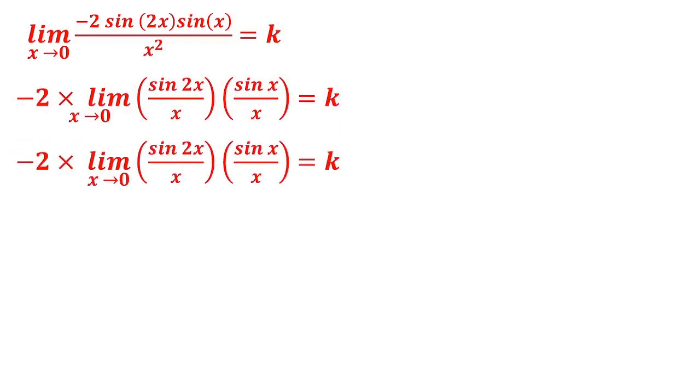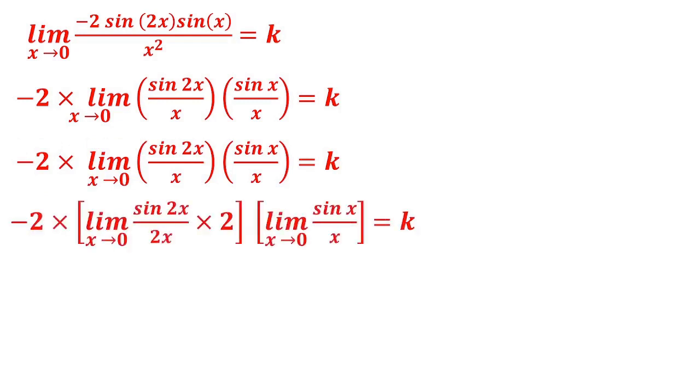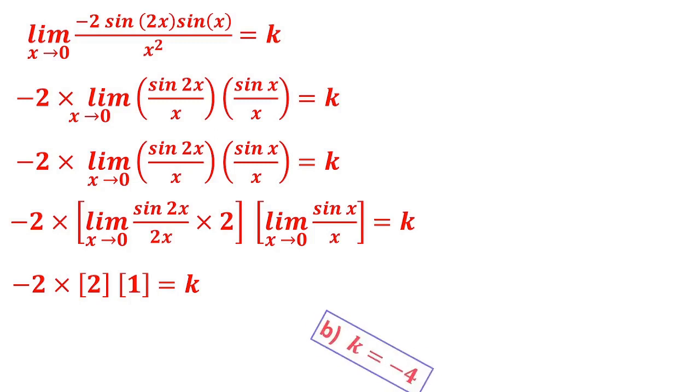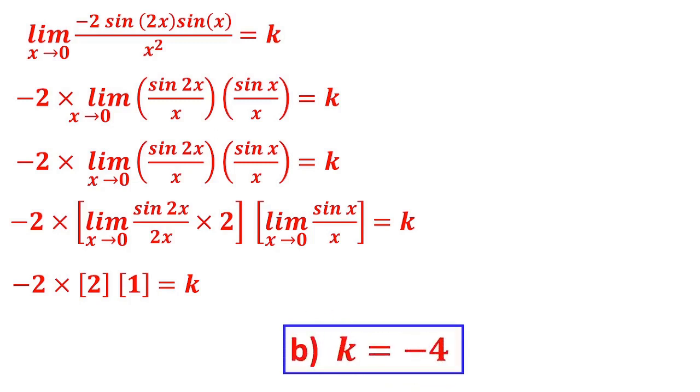All of you know that for sin 2x by x, you have to multiply and divide by 2 to convert it into a standard limit. The constants will come out. Therefore, minus 2 into limit x goes to 0 sin 2x by 2x and limit x goes to 0 sin x by x. Both are standard limits. The answer is 1. Therefore, k is equal to minus 4.